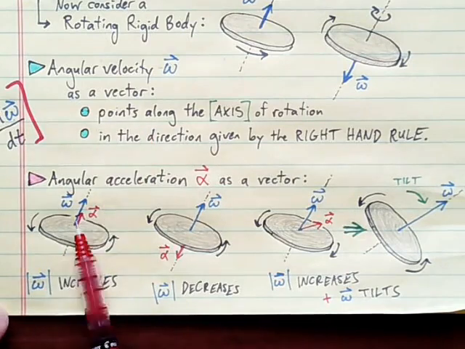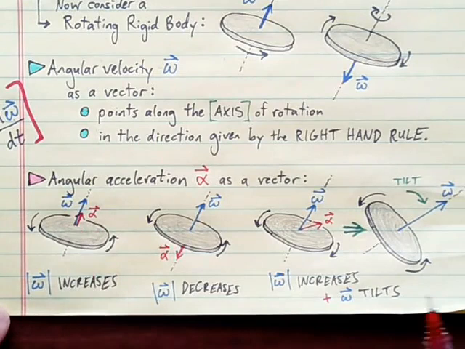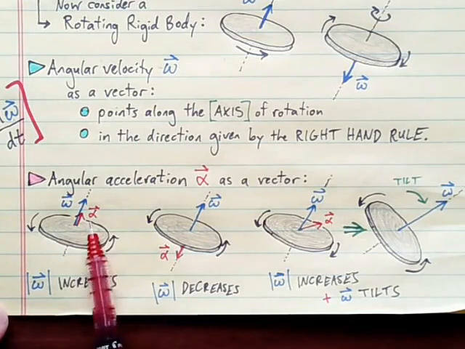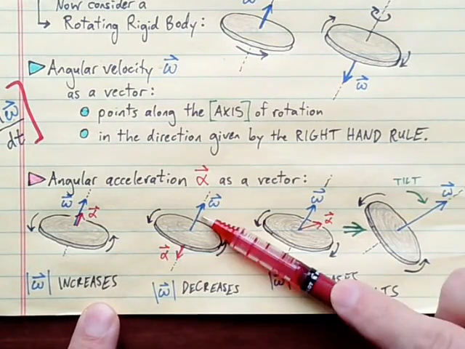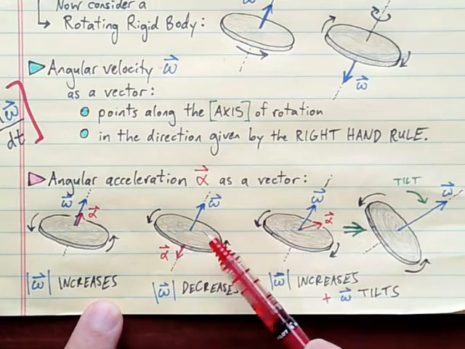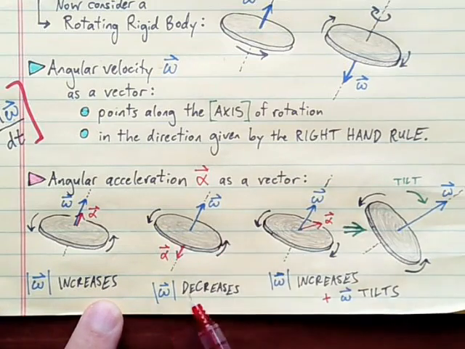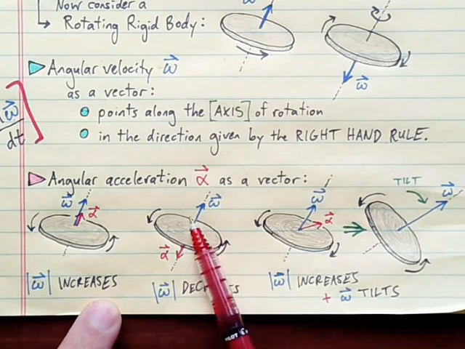If alpha is also pointing in that direction, if it's parallel to omega, then that's going to indicate that the rotation rate, the magnitude of omega, will increase. This disk is about to speed up. On the other hand, if alpha is opposite omega, if they're anti-parallel to each other, that indicates that the magnitude of omega is about to decrease. So the rotation rate in RPMs is about to slow down.